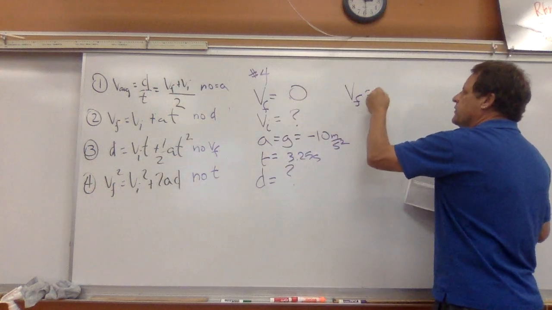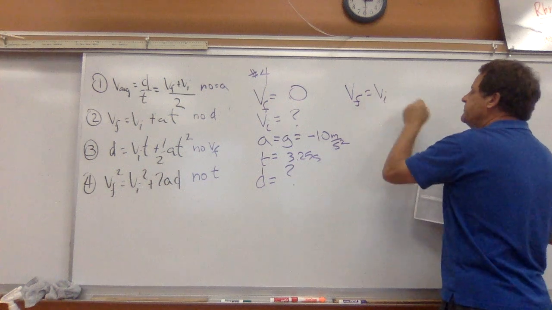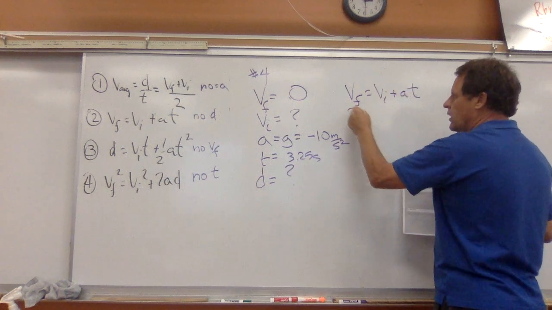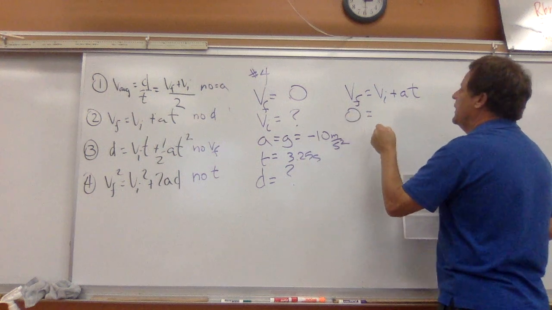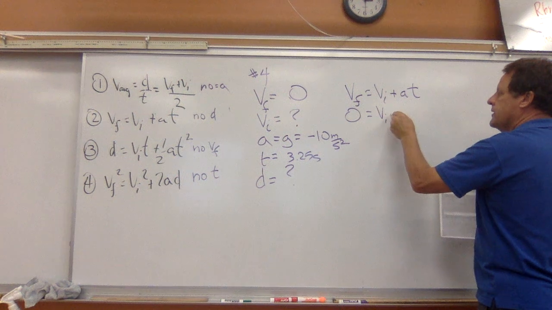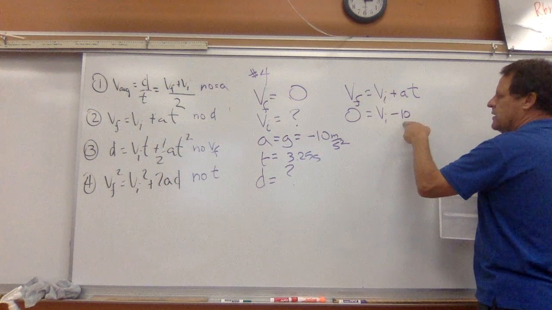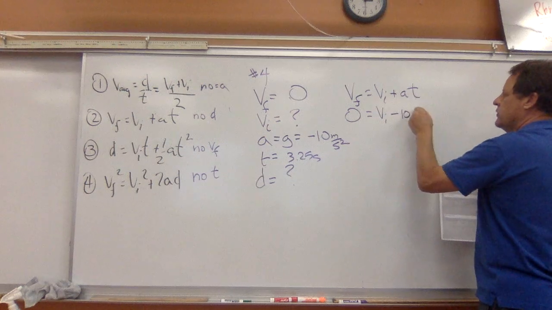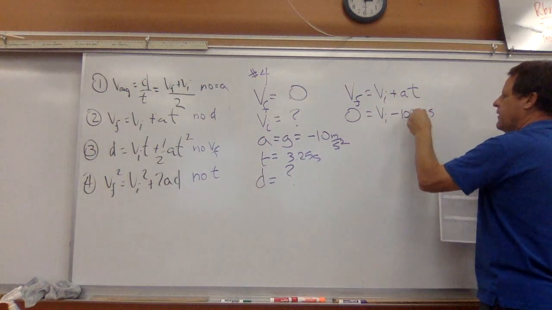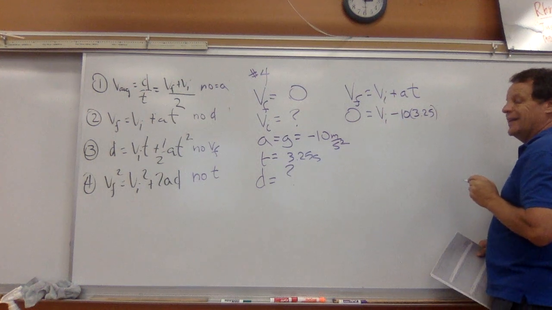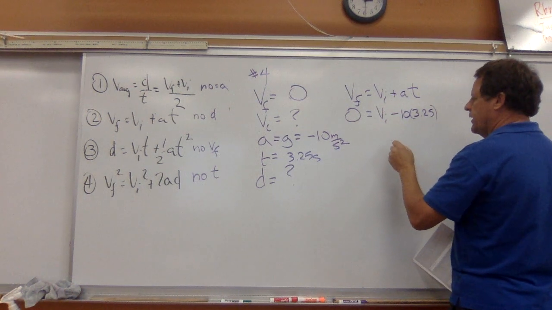V final is equal to V initial plus AT. Final velocity is 0, and our initial velocity we do not know; that's what we're looking for. Acceleration is minus 10, from right there, and our time is 3.25. Minus 10 times 3.25 is negative 32.5.